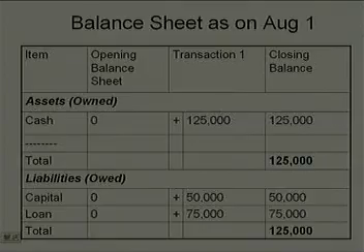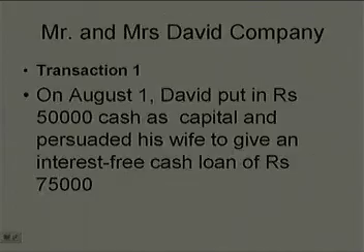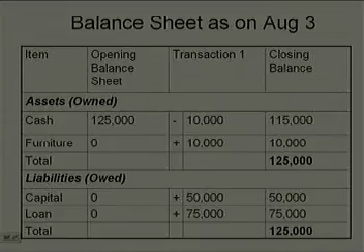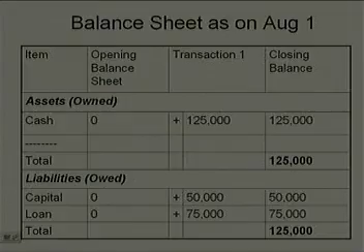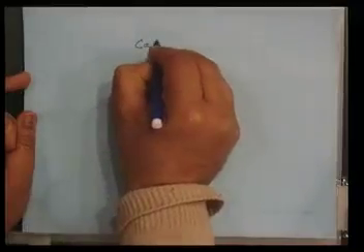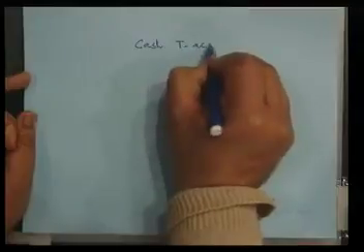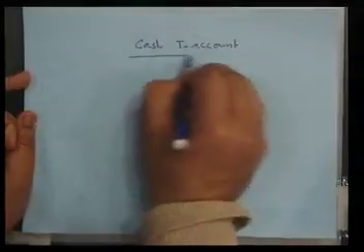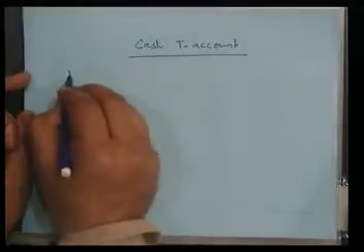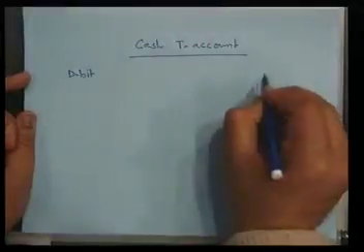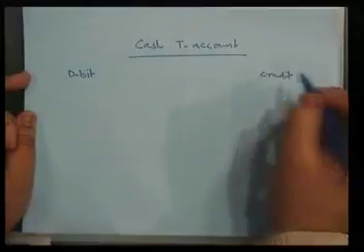So we will have 3 T accounts corresponding to cash, capital as well as loan. I will just show it here. In the cash T account, we have debit on left side, credit on right hand side.